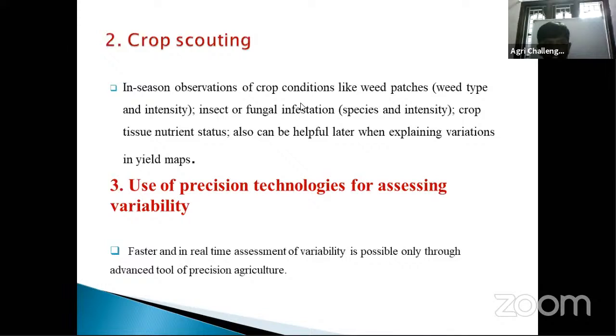The third aspect here is the assessment of variability, that is, use of precision technologies for assessing the variability. We can't assess the variability manually. For that, we have to use these precision technology tools for rapid and accurate assessment and management of the variability, in real time also.